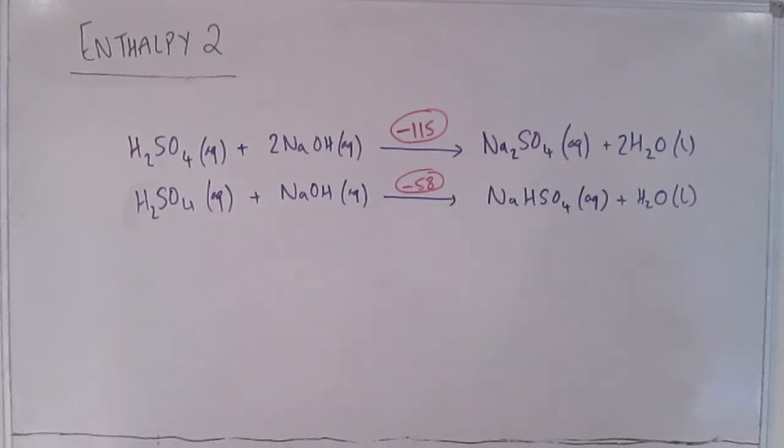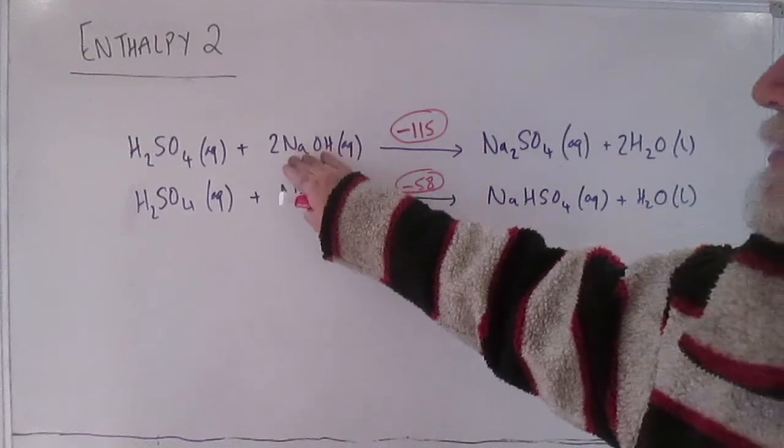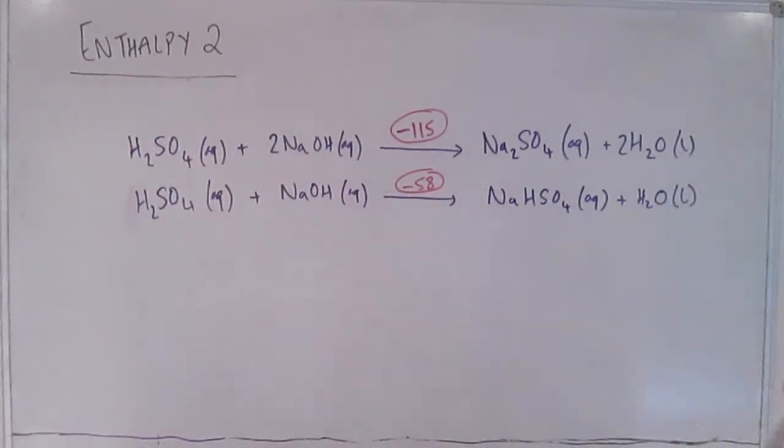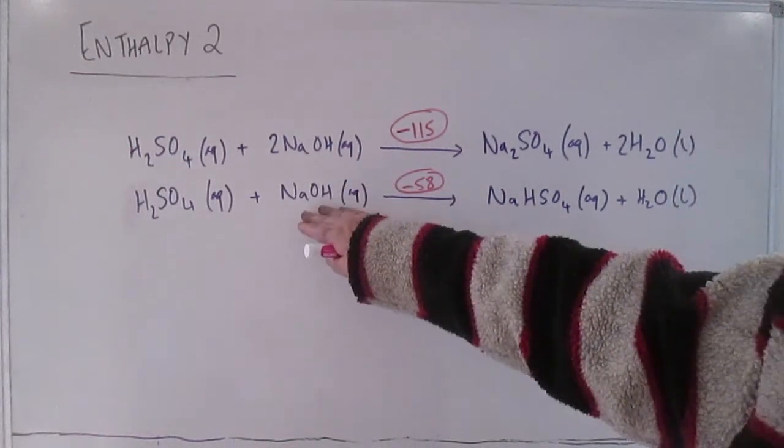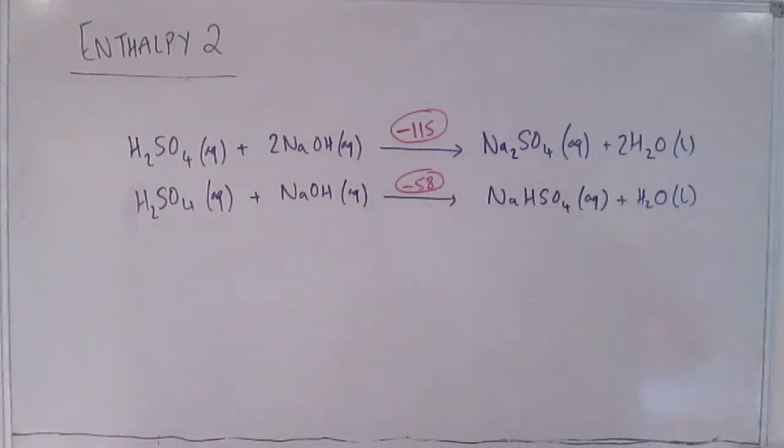However, if you only add 1 mole of sodium hydroxide, you can see you need 2 moles of sodium hydroxide for each mole of sulfuric acid. If you only add 1, then you get this reaction instead, where just one of the H pluses that sulfuric acid can release reacts, and the other one is still in place, so you get this compound.